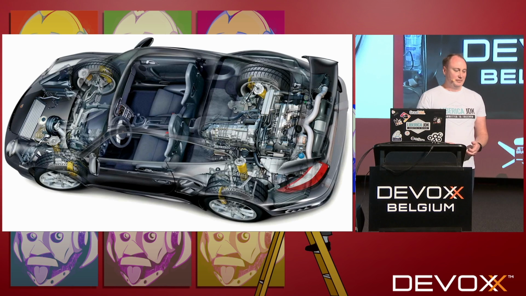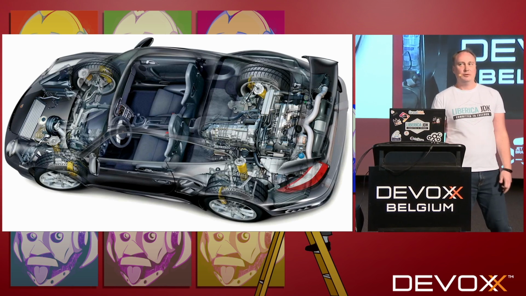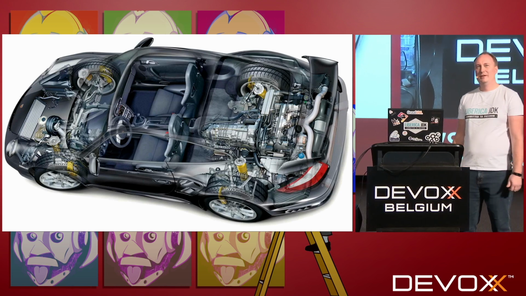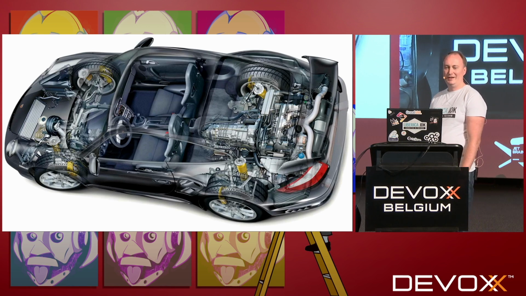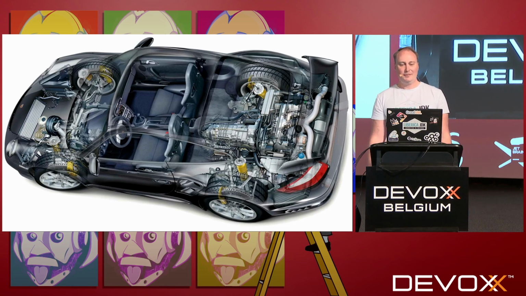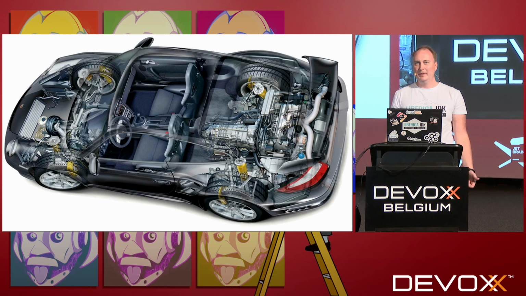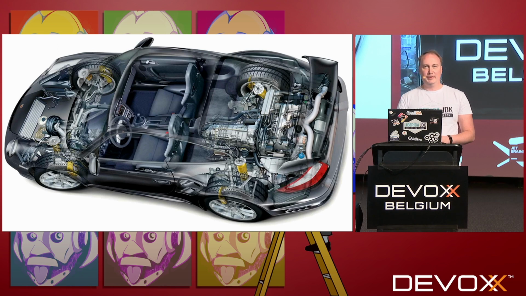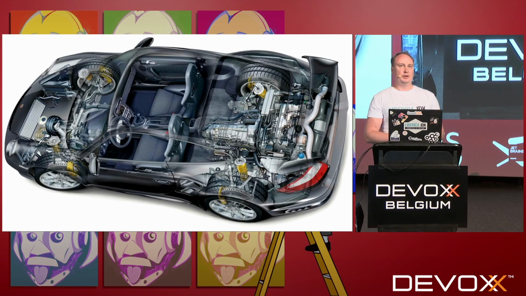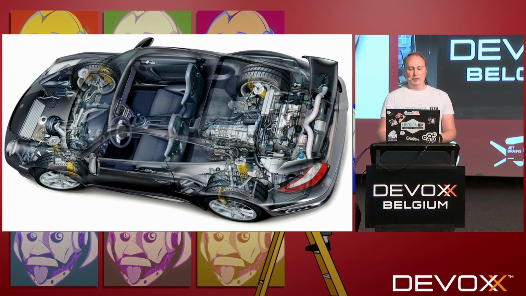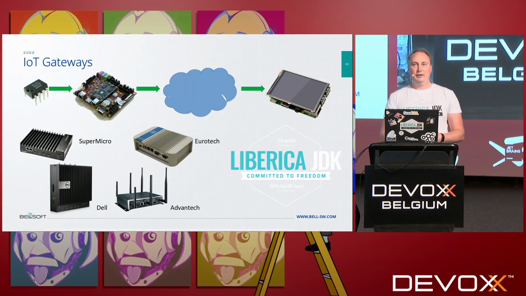In modern cars, you may find up to 6,000 different sensors, a lot of data. And that data is processed by some microprocessors, microcontrollers, and sometimes the data goes to the cloud.